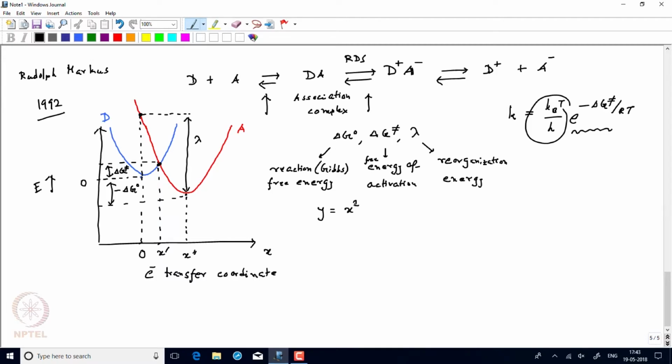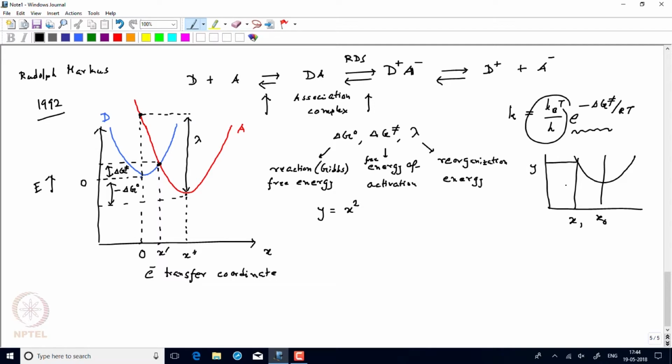Let us first figure out what the reorganization energy, lambda, is. If you follow the acceptor parabola, suppose let me just draw on this side. Suppose I have a parabola like this, and this is the center of the parabola. Suppose this is x0, and I'm asking, what is the value at say x1?